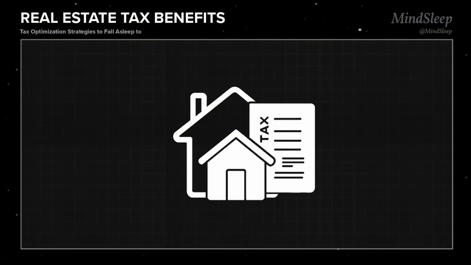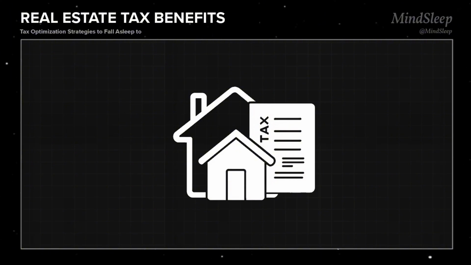This means that even if your property is generating positive cash flow, you might show a paper loss for tax purposes, effectively shielding some of your income from taxation. But depreciation is just the beginning.